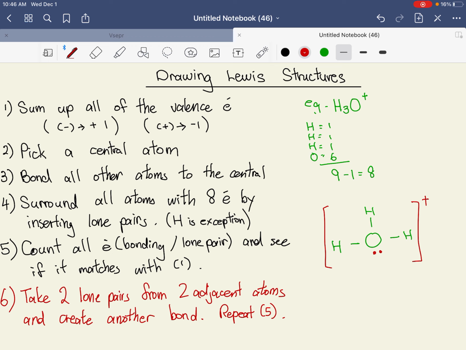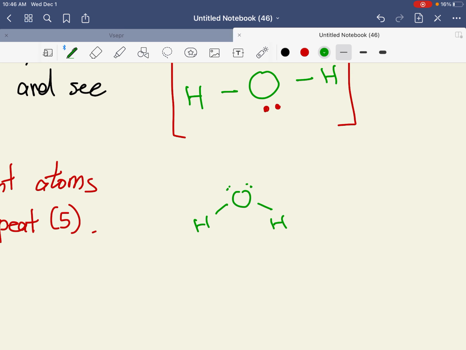So first, you have H2O. Remember, our first example, this is what water looks like. Okay? How do you get from H2O to H3O plus? Well, let's say I have this hydrogen ion floating around here.